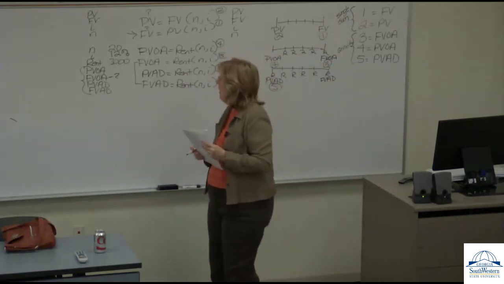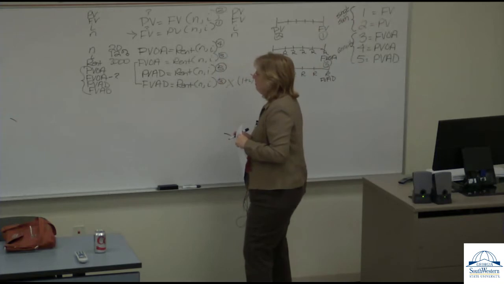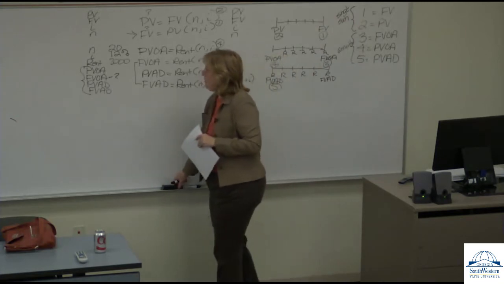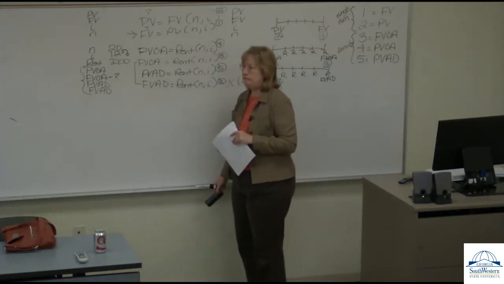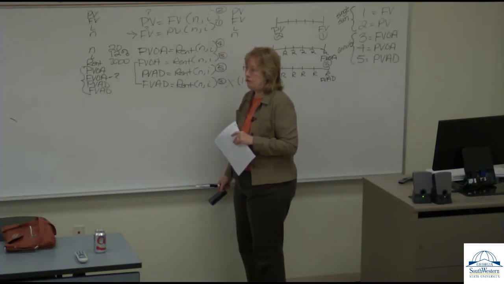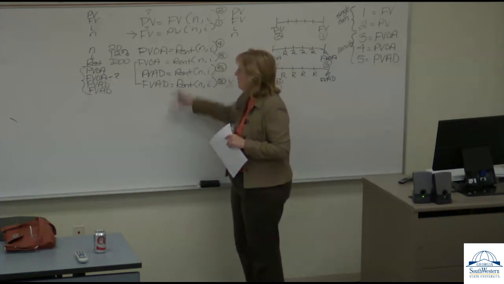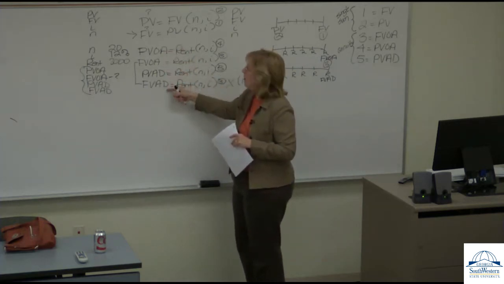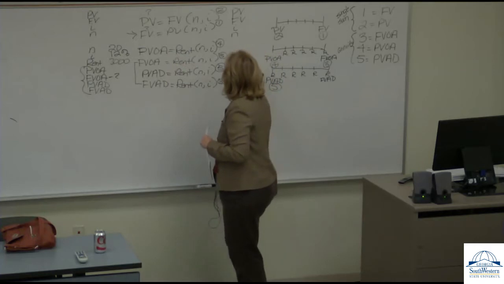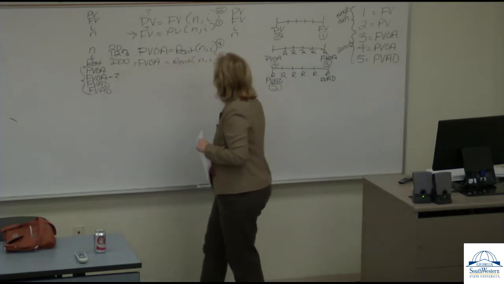Let's just think about it that way. All right, so now how do we set up this problem? Which one of these four do we want to do? What's on the left? Ordinary annuity, right. Okay, so I'm just going to erase these.